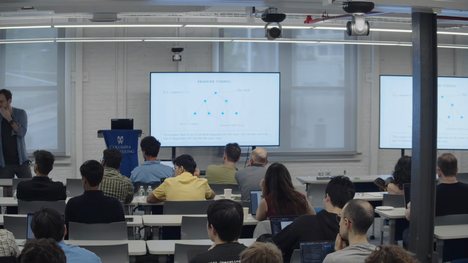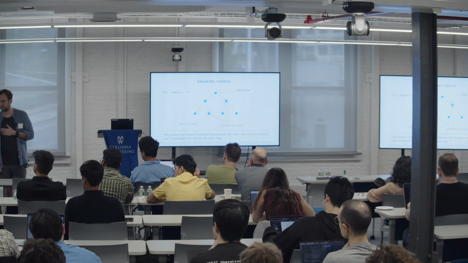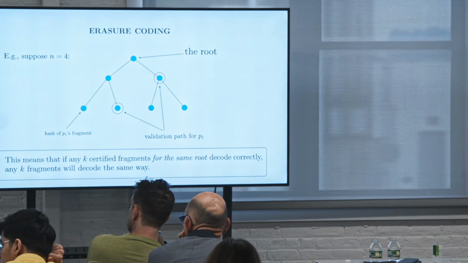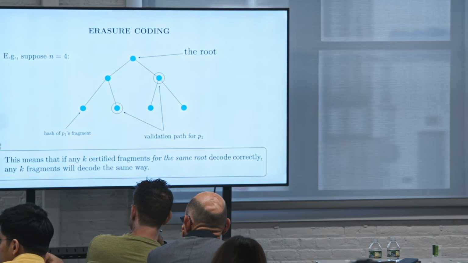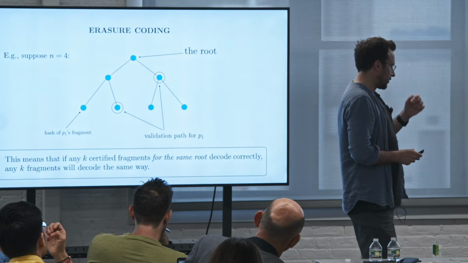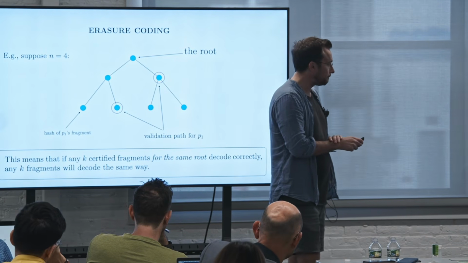Not the same root, but I'm saying different trees with different roots, and send one tree to the left side of the network, the other tree to the right side. But that's like sending different blocks to different people. So when you're voting, you're voting for a particular root. Right? So if any k certified fragments for the same root decode correctly, then any k fragments will decode the same way.